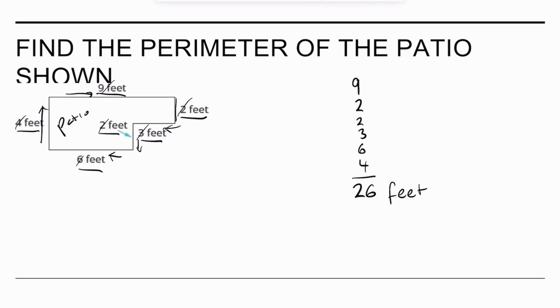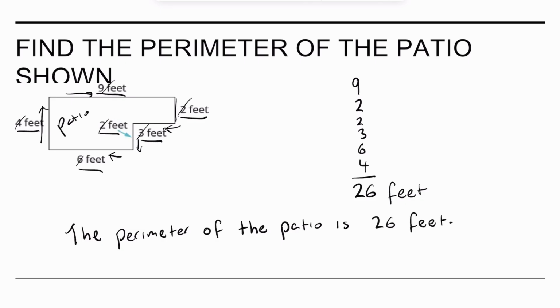So then writing this as a worded answer, we would write the perimeter of the patio is 26 feet.